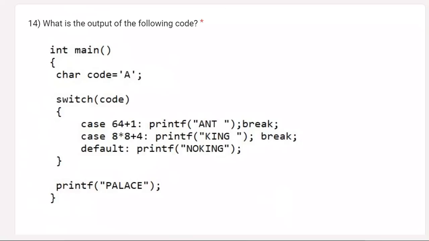Here in this question, you have defined a character variable code equal to 'A'. Now you are sending that character into the switch statement. So now this A will be compared against the case statements.